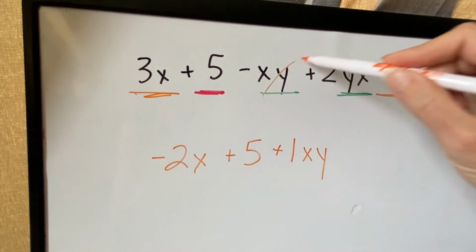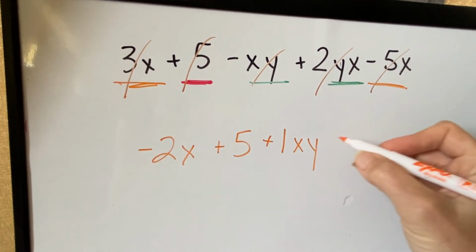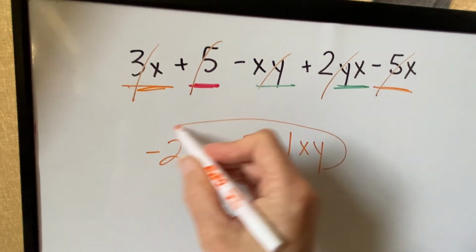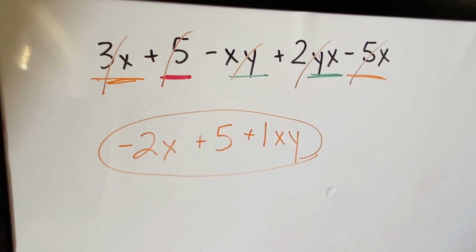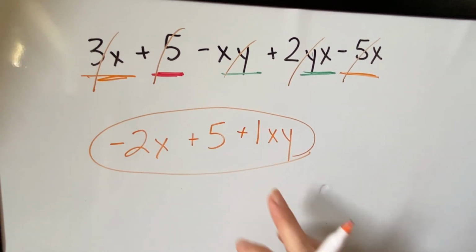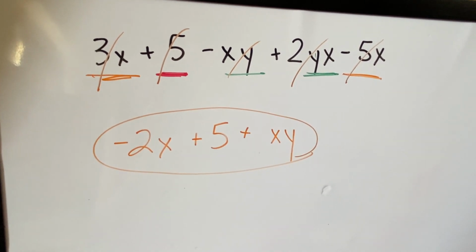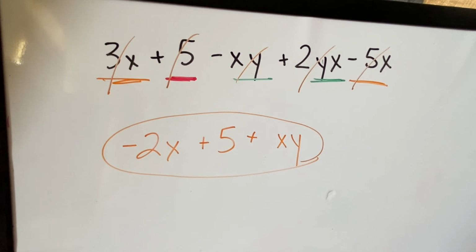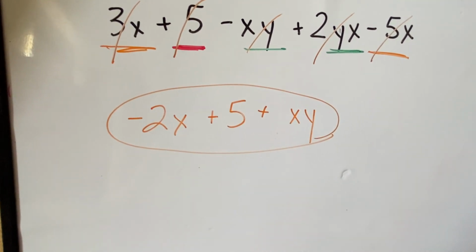Okay, so we've added these like terms together, we've added these like terms together, we've added that together. We don't have anything left. This clunky monkey here is our answer: -2x plus 5 plus 1xy. Now, if I wanted to, I could just erase that 1 and it means the same thing. I was just showing you where that came from, the 2 minus 1 right up there.